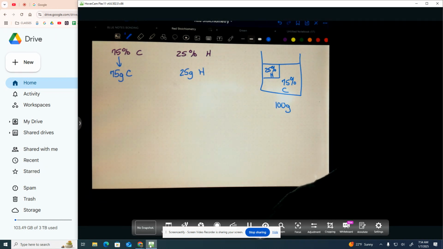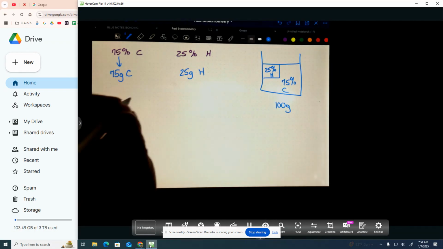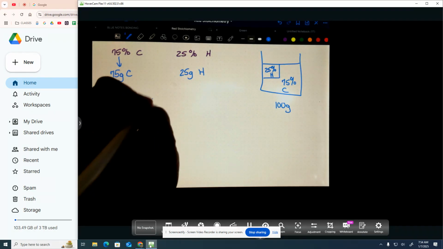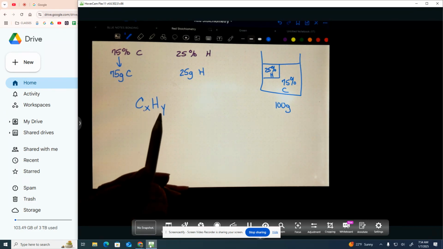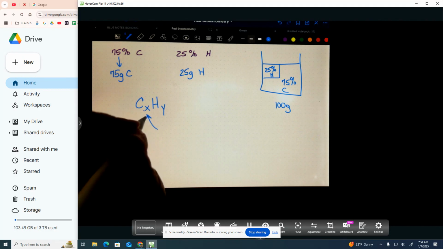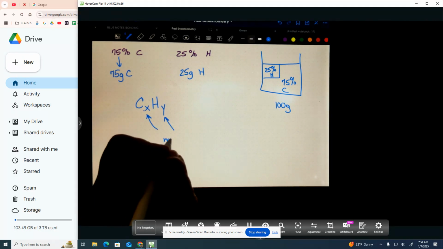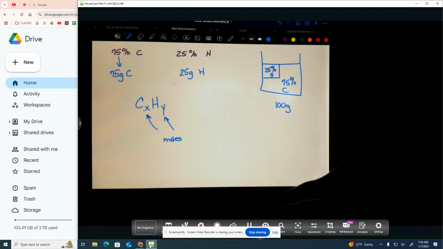If that's the case, and we are trying to find the formula for this, where X and Y are the subscripts, this X and this Y are moles. Do you remember? Okay, they are moles. So, like we were saying before, this is kind of doing what we did with the crayon lab.